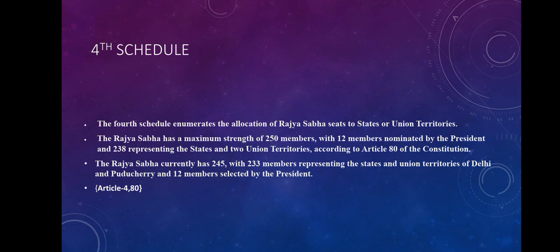The Rajya Sabha currently has 245 members, with 233 representing the states and the union territories of Delhi and Puducherry, and 12 members selected by the president. It is covered under articles 4 and 80.